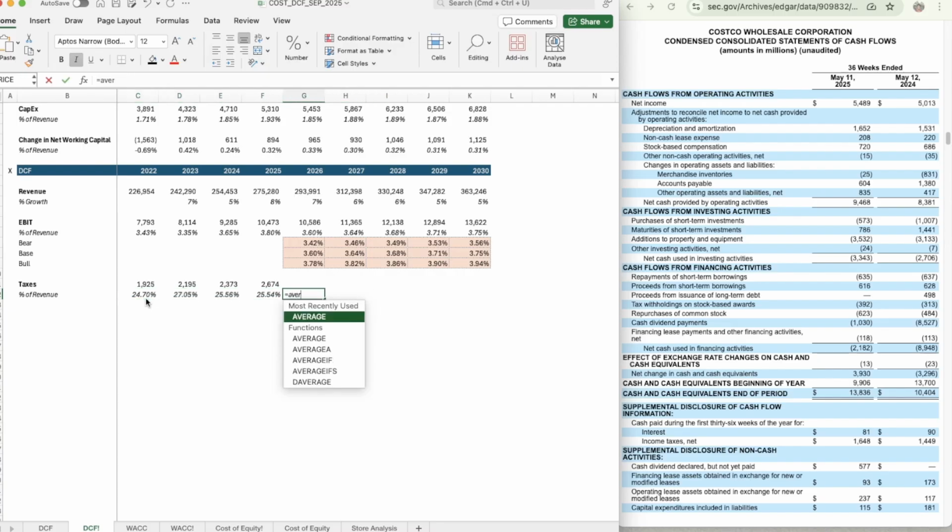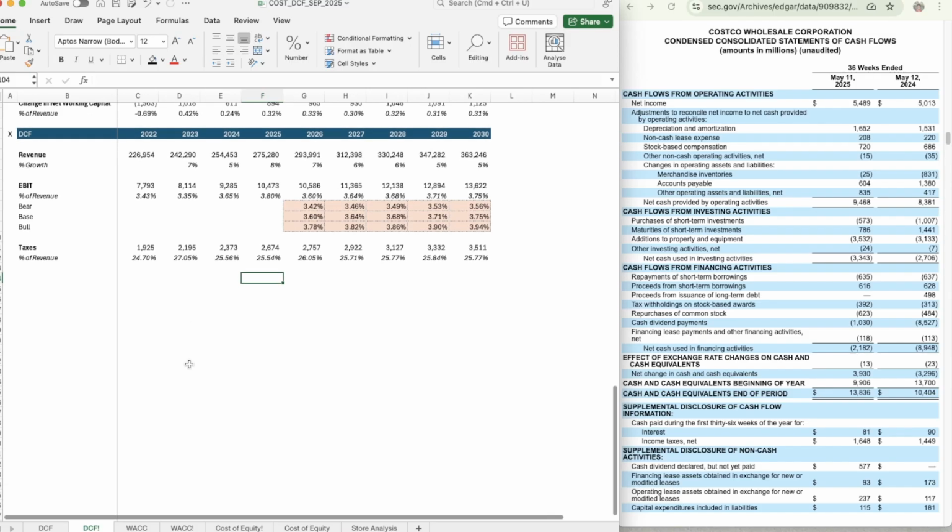Then we take the average, we forecast them out, and then for here we go EBIT multiplied by the tax rate. So that's going to move dynamically as and when we change the different EBIT scenarios.